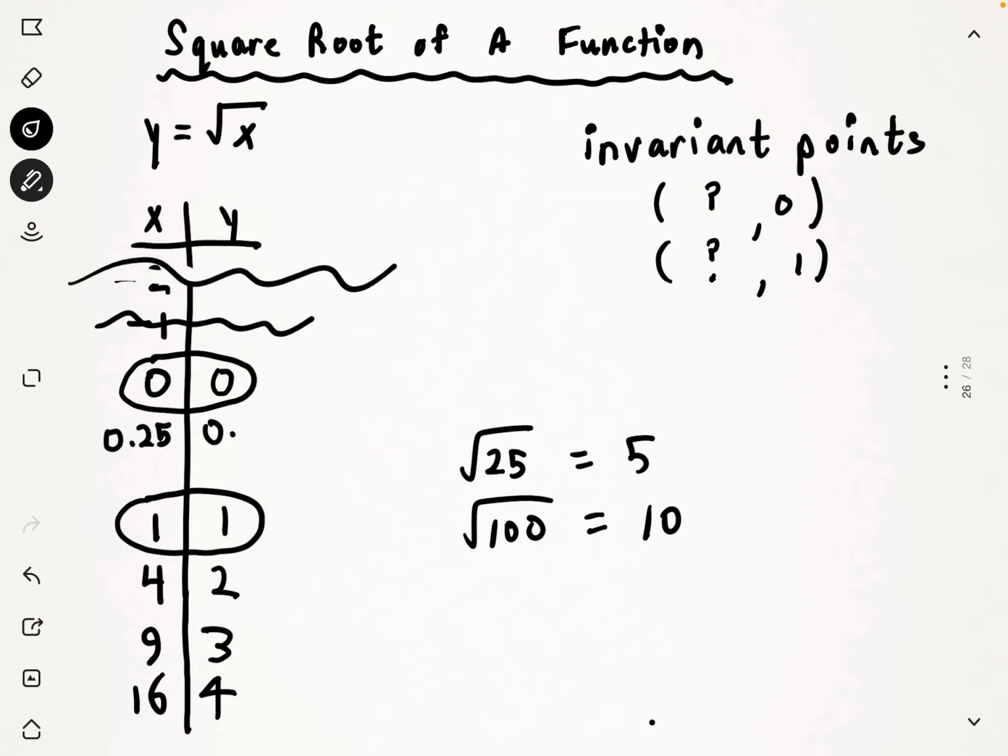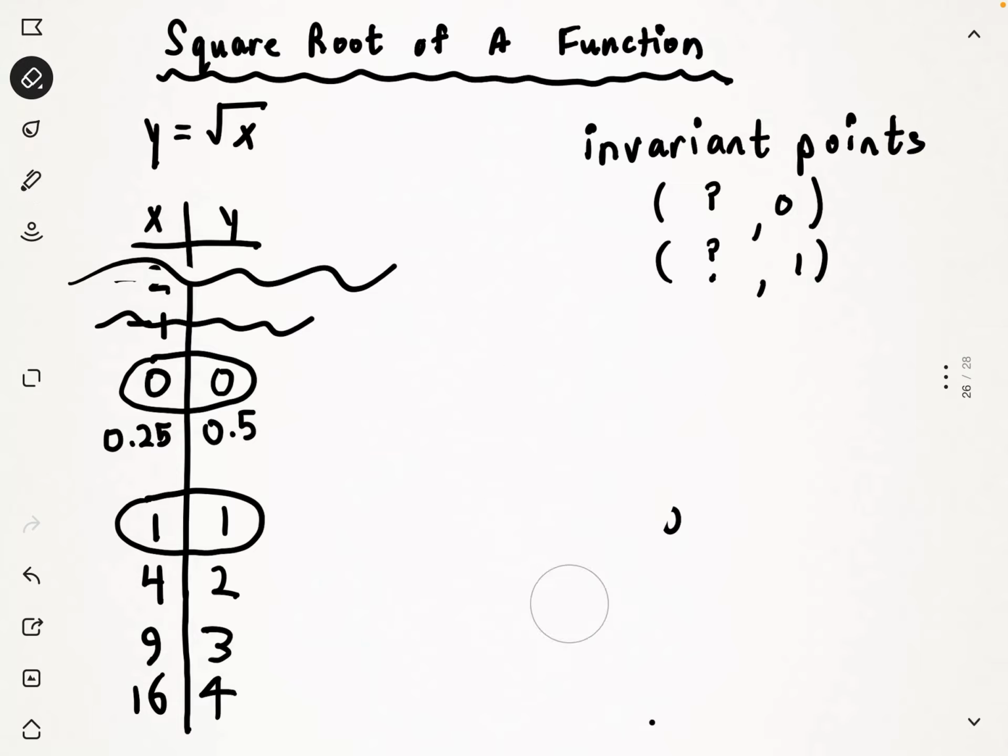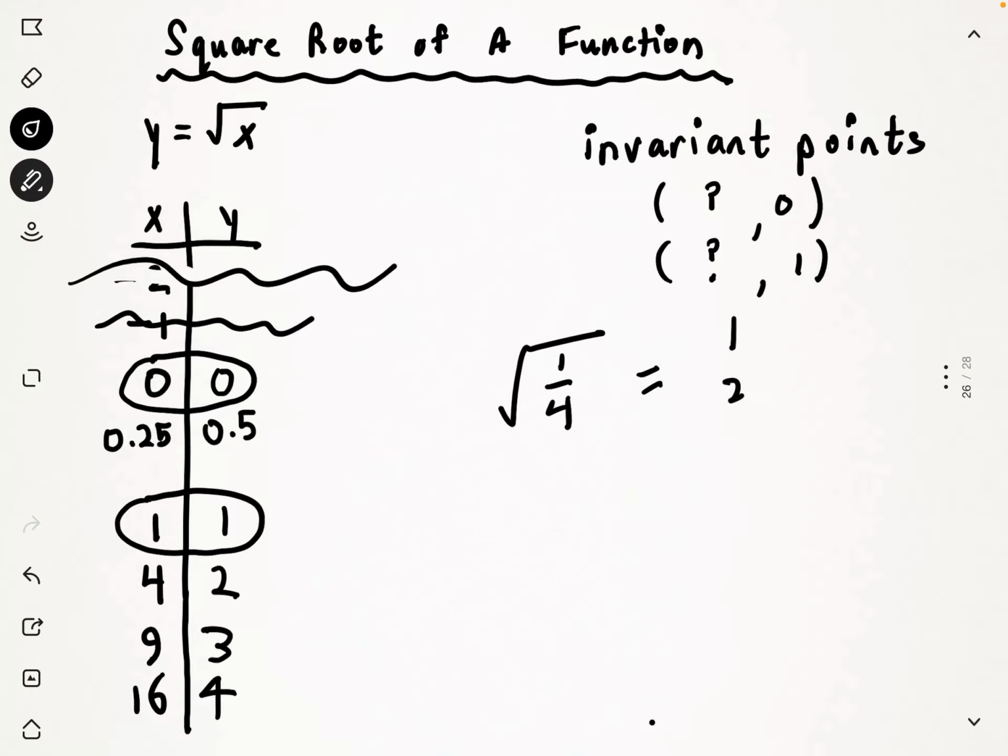It's actually larger. It's 0.5. The reason for that is you may want to consider it as fractions. 0.25 is really 1 over 4 as a fraction. To do a square root of a fraction, you do the square root of the top, square root of 1 is 1, and the square root of the denominator, 4, is 2.